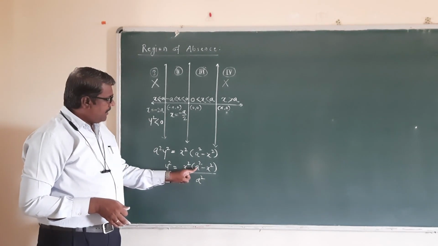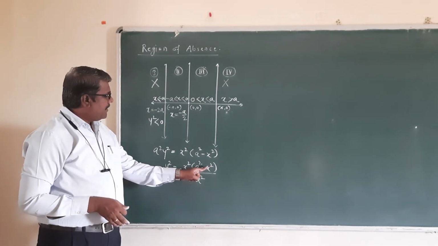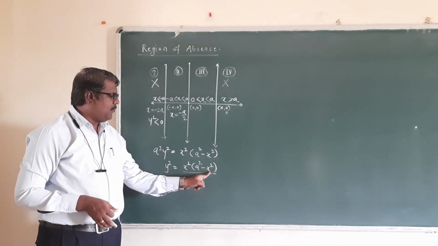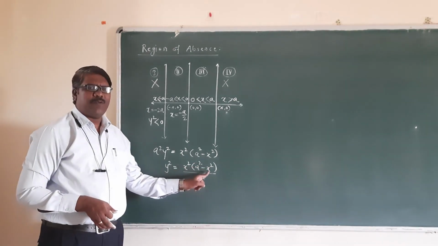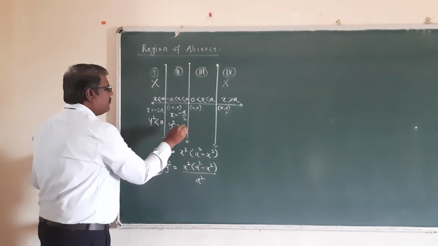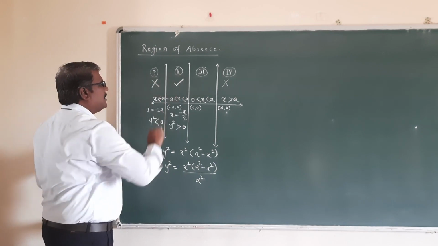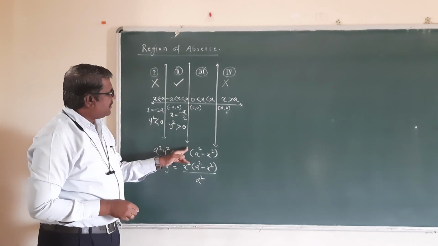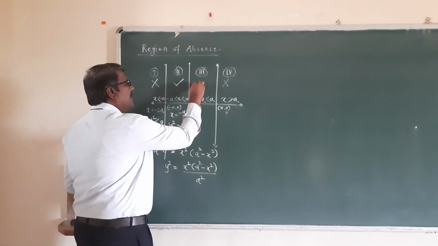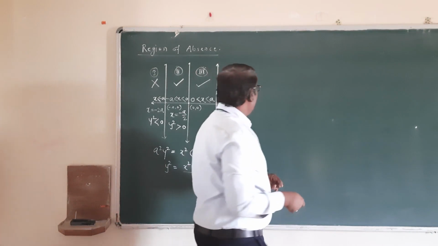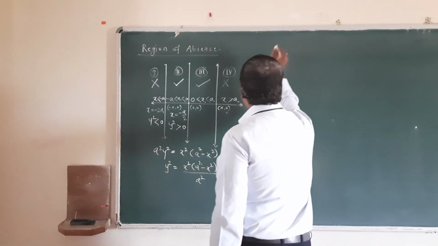But here a square minus a square by 4, it is 3a square by 4. This is positive and therefore y square is positive, so the curve is present in the second partition. But as the curve is symmetric about the y-axis, it must be present in the third partition. Is it understood?